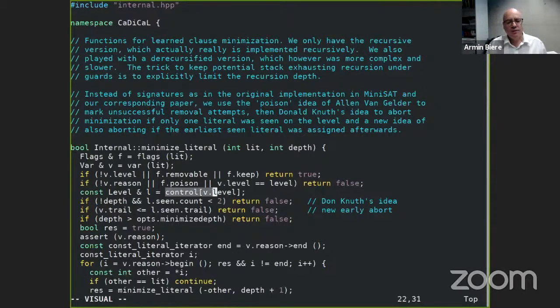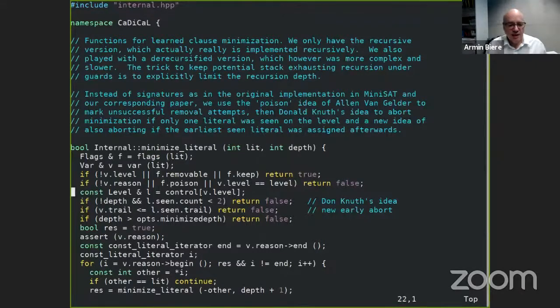This is all the information for this particular decision level. Now if during the conflict analysis we only saw one literal of that decision level, then it's not possible that minimization would remove the one we are trying to remove, because there should be another one on this decision level. You cannot remove that one without having another one already in the clause.